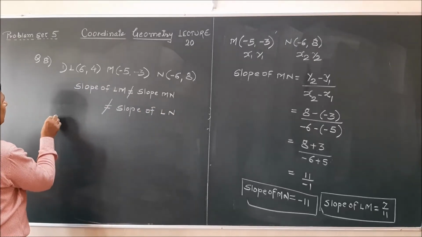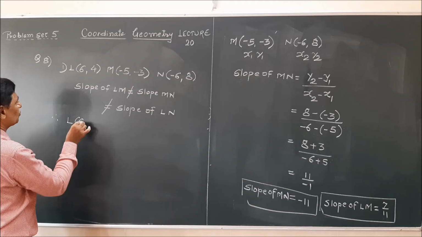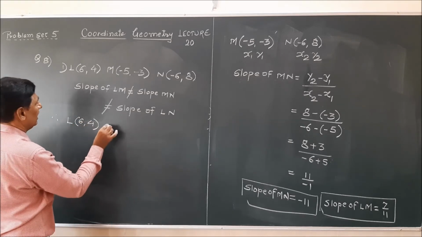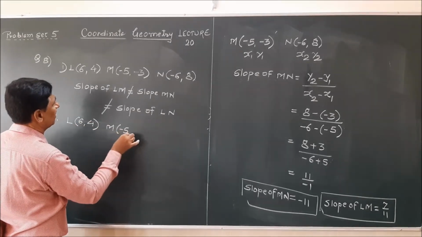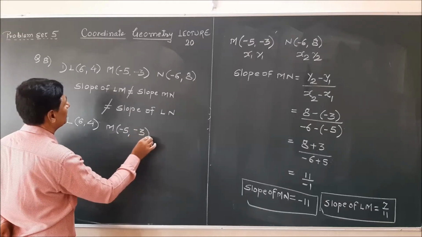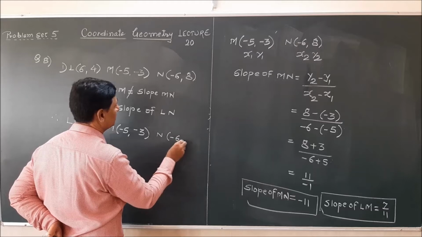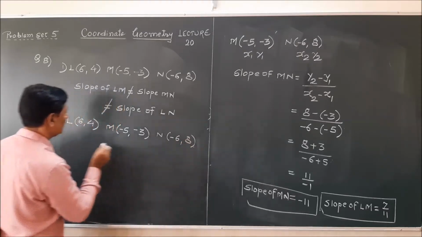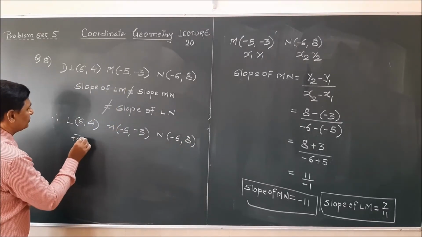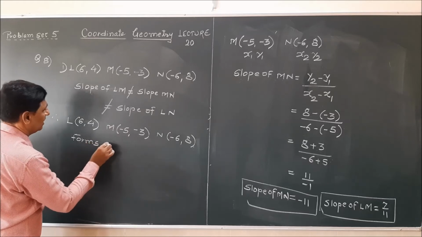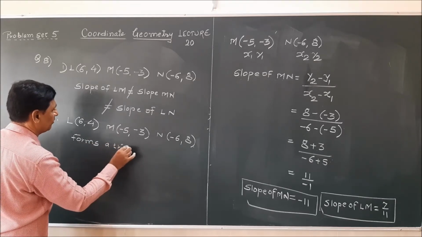Therefore, L (6, 4), M (-5, -3), and N (-6, 8) forms a triangle. That is very important.